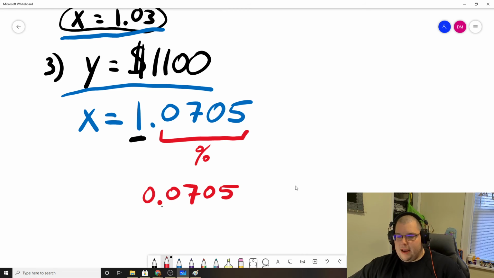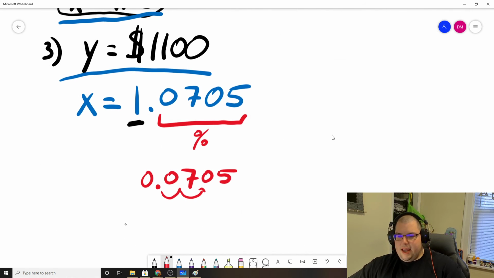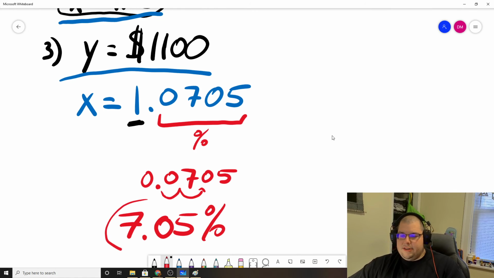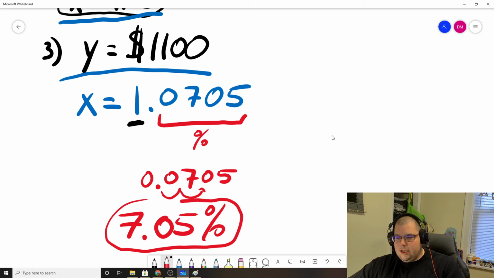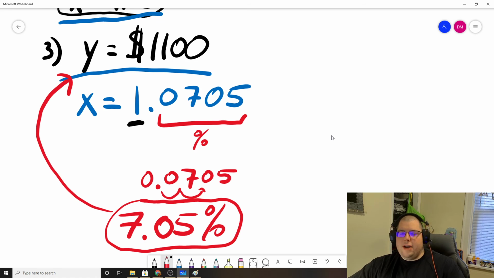So to do that, I move the decimal 2 places to the right, and I get my answer of 7.05%. This is the interest rate Jenny would need if she wants that $1,100 for her down payment on her car.